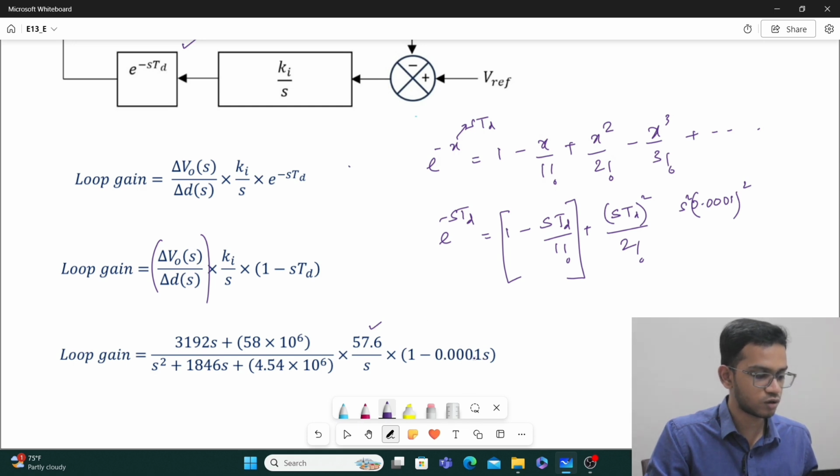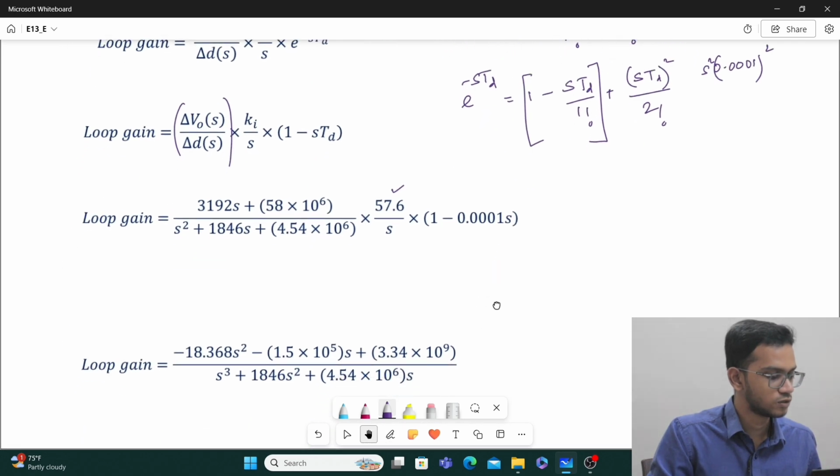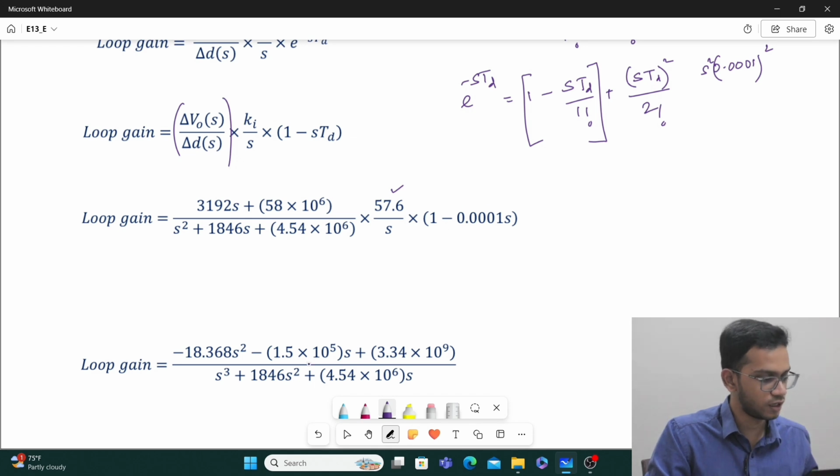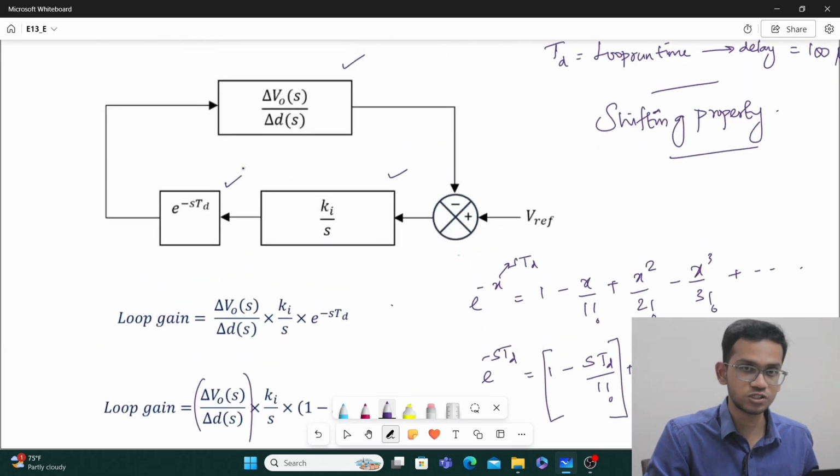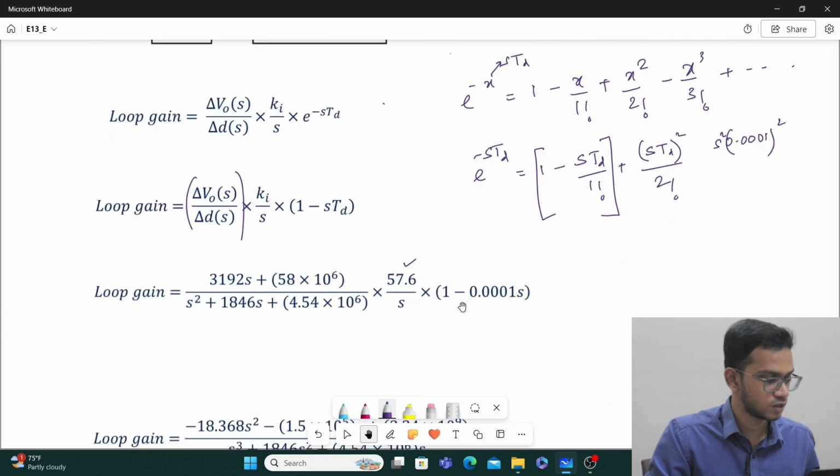This 0.0001 is 100 microseconds in seconds, and this s is for Laplace transform. So this will be your loop gain. You are simplifying this and obtaining a simplified loop gain. Now this is nothing but your loop gain of this system, including your loop delay.